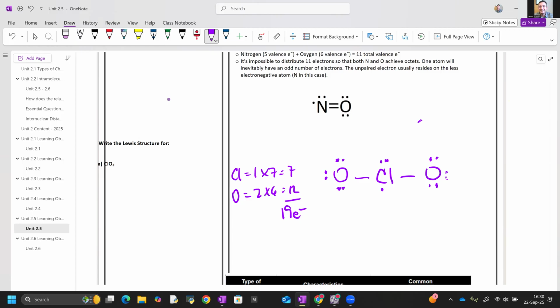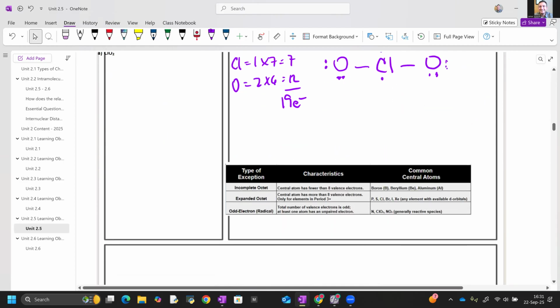And so we show it with the 1 electron there. Why? Because we don't have enough electrons. It's an odd electron species. And that's as simple as that. And so everything has an octet except for chlorine, which has that one lone electron. And so we would say that this is a good drawing. All right, and so check.